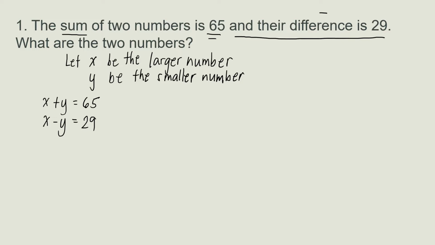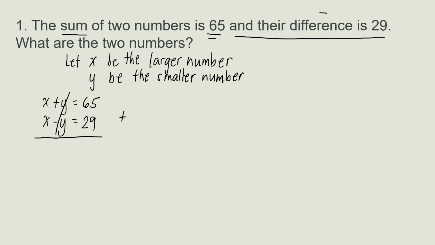Looking at it, you can either eliminate the x or the y. Let's just eliminate the y here. To eliminate y, you need to do addition, right? If we add y plus a negative y, that's 0. So let's do addition for the rest of the given.